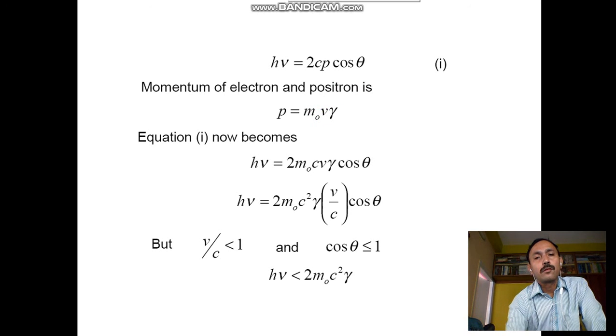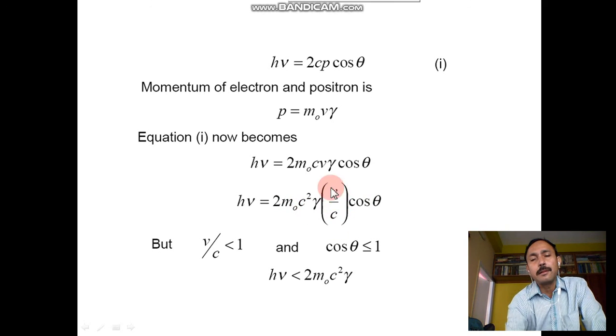So h nu is equal to 2c, and p means m naught v gamma, into cos theta. So h nu is equal to 2 m naught c square gamma, v by c, cos theta. We write c square here and divide v by c.